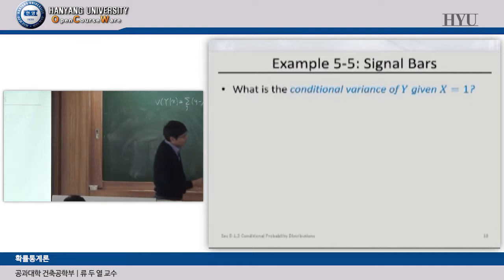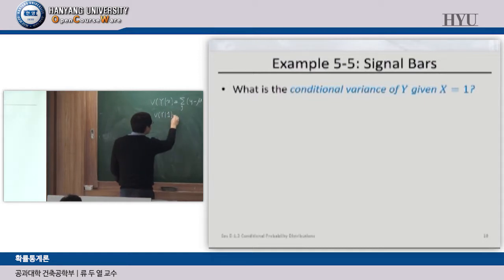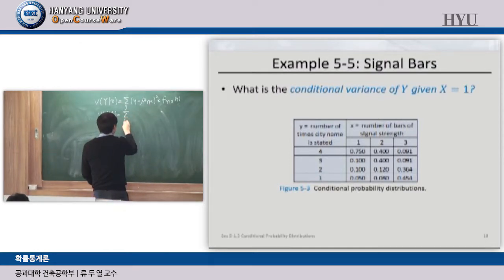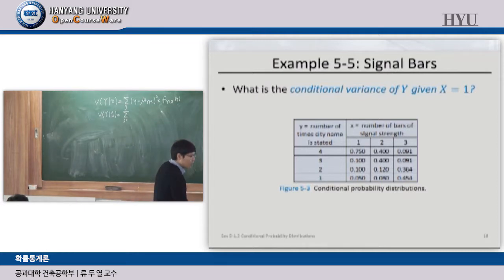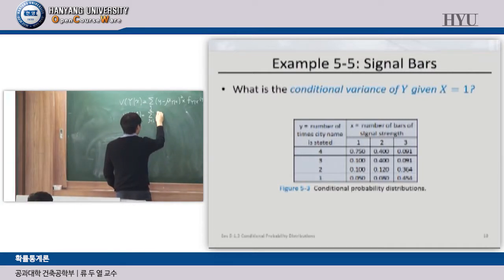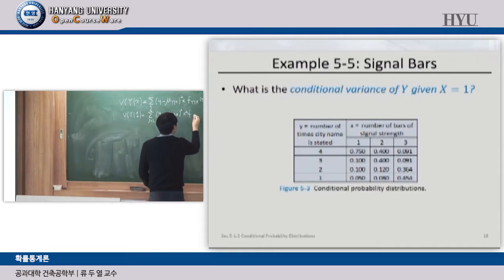To solve this, the conditional variance of Y given X when x is equal to 1 is the summation over y from 1 to 4 of (y minus the conditional mean) squared times the conditional probability mass function of Y given x equal to 1.